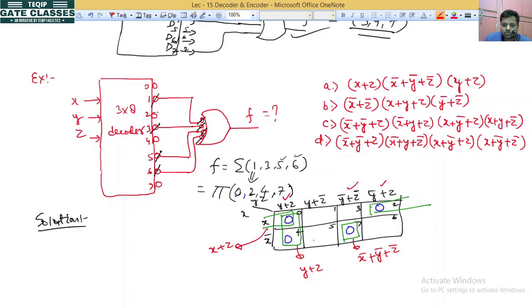What will be the function? We have to take the product of these sums. So it will be (x plus z)(y plus z)(x bar plus y bar plus z bar). Which option is correct? First option.